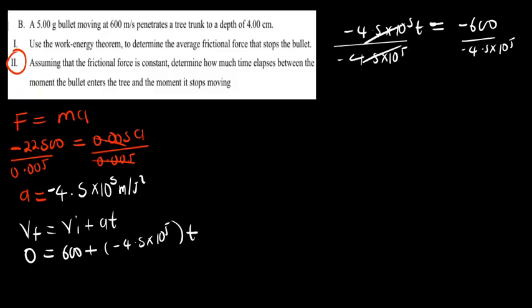So t is equal to 600 divided by that answer. The answer will be 1.33 times 10 to the power negative 3 seconds. That's how you answer that particular type of question. That's all, just like that.